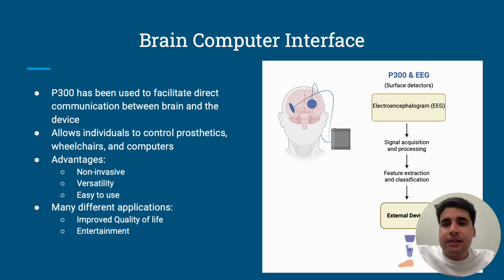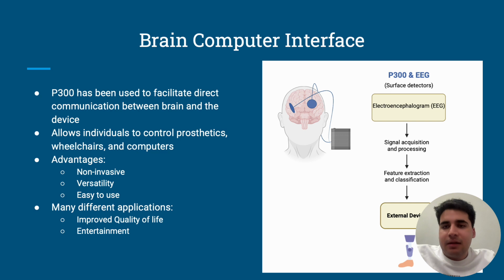Brain-computer interfaces, or BCIs, are essentially systems that facilitate a direct communication pathway between the brain and an external device such as a computer. Essentially, BCIs translate brain signals into commands that can control computers or other devices, such as prosthetic limbs, enabling interaction without any physical movement from the user.